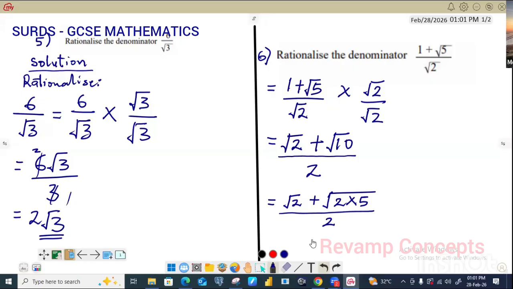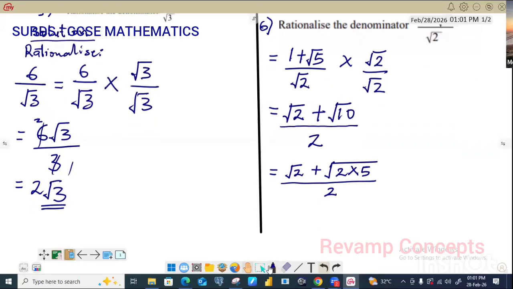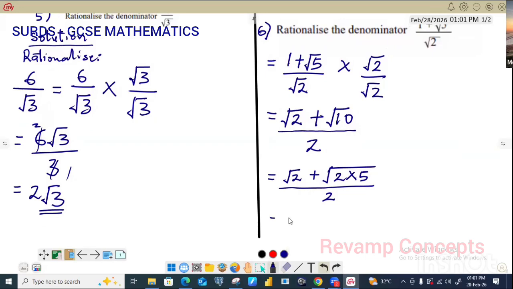No, I don't think this will really reduce this expression, but let's just see. In the numerator, we can factorize root 2 out, which may not really change the situation of what we have here, over 2. So this would definitely be the final answer.